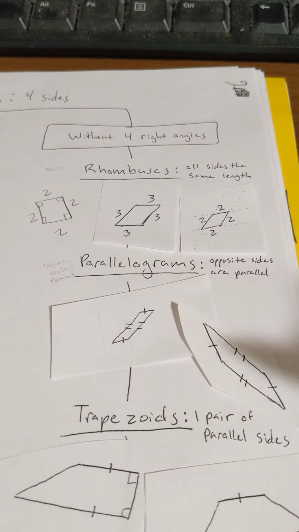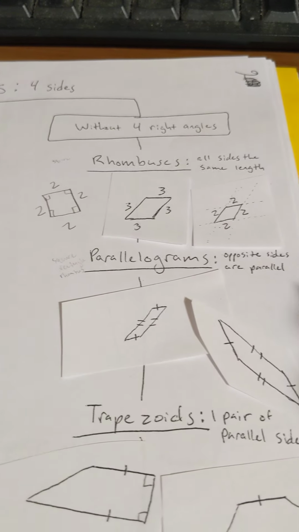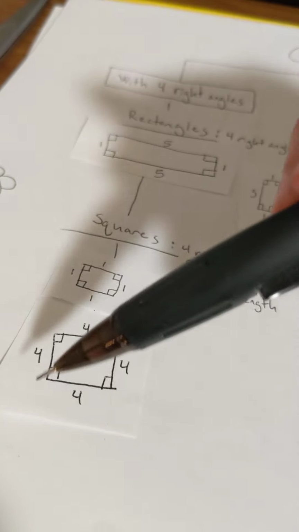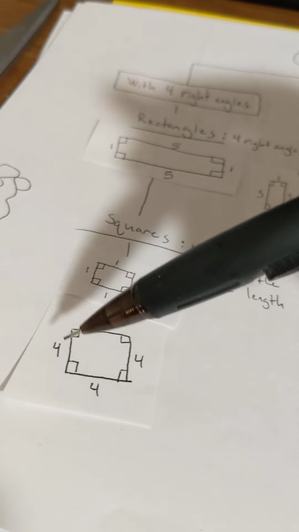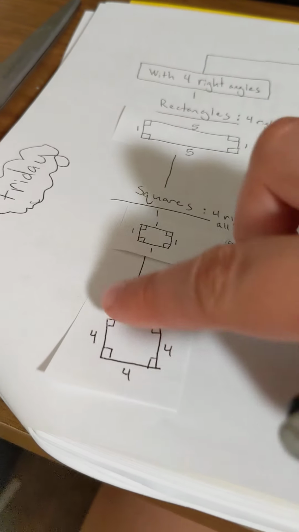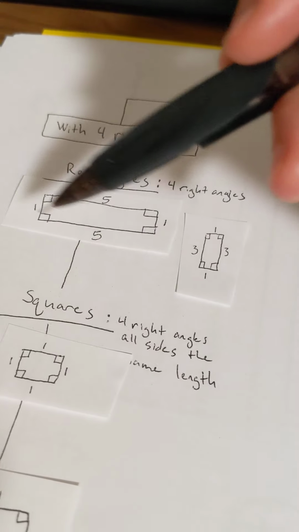And parallelograms, all they need is for their opposite sides to be parallel. So let's look. Are squares parallel? Do they have lines that are parallel to each other? Yeah, they do. See, the left and right side are parallel and the top and bottom side are parallel. Same with rectangles. The top and bottom are parallel and the side to side are parallel.